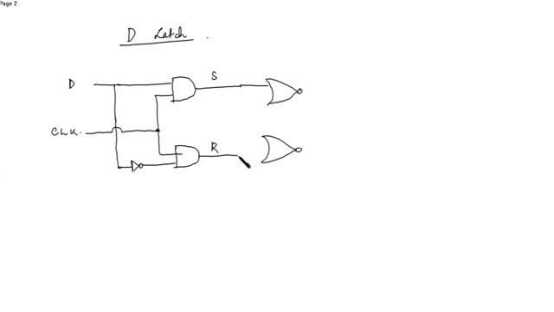This is a NOR gate. So this part is the latch, this is Q and this is Q bar.